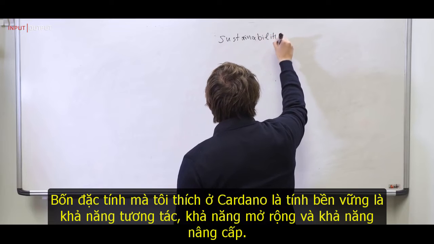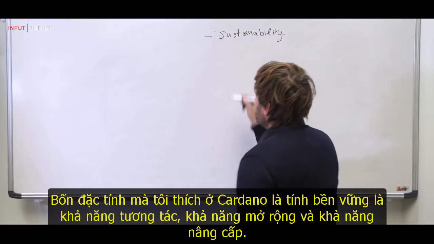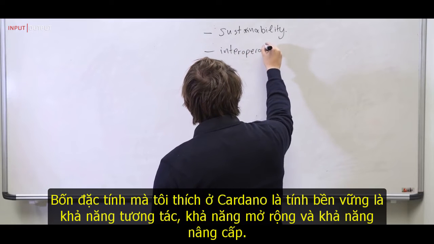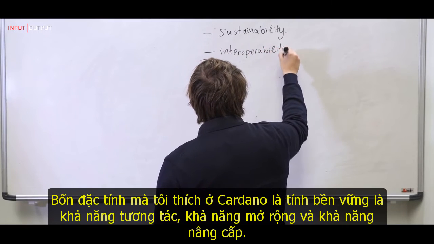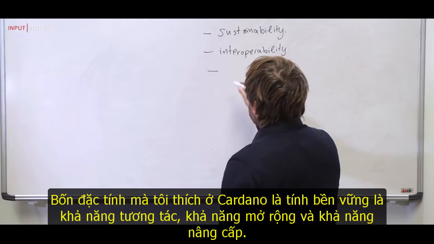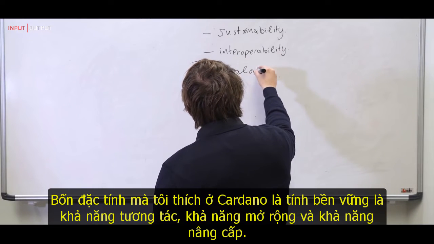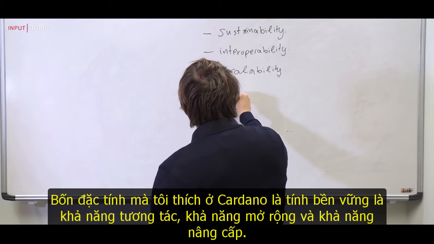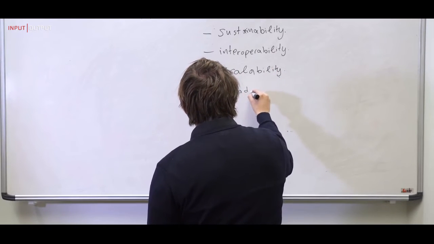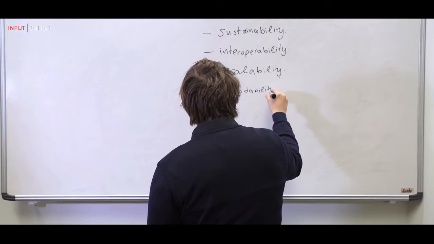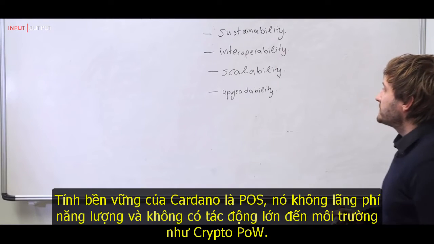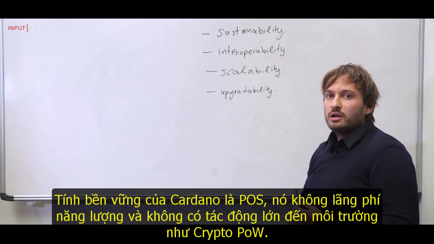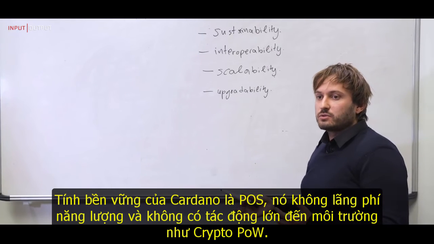So the 4 properties that I like about Cardano are sustainability, interoperability, scalability, and upgradability. So Cardano's sustainability is really about proof of stake and how this does not waste energy resources.